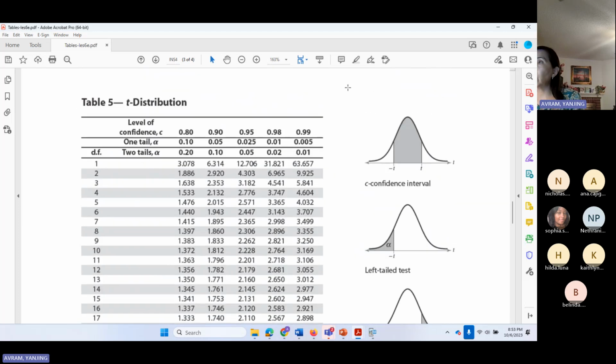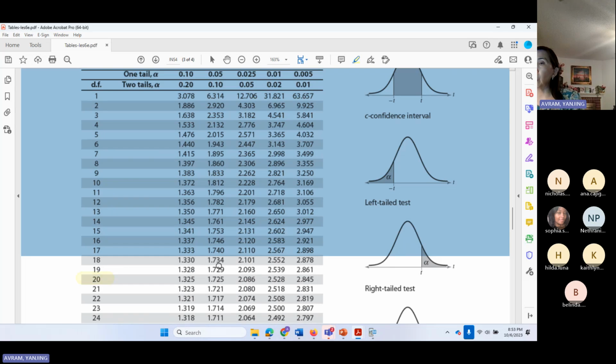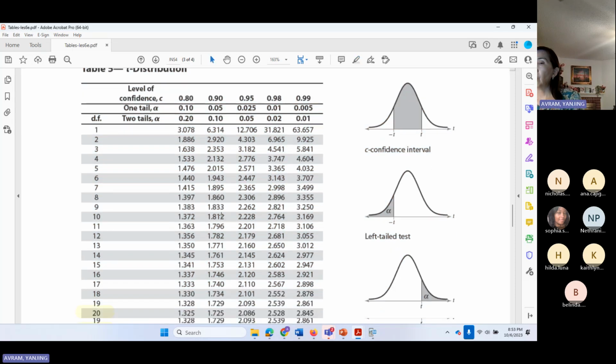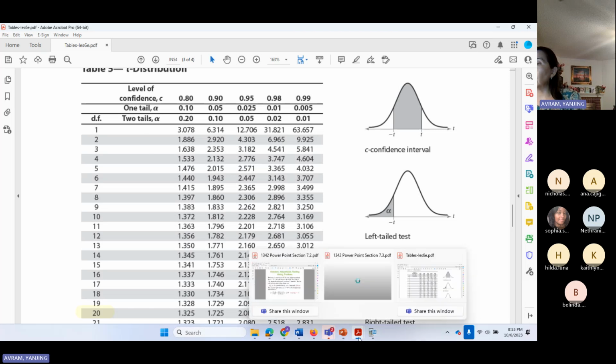All right, so now you look at the T distribution, that's the T table in here. And the degrees of freedom is 20, so we have a 20 right here. And then we also look at alpha is 0.05 and it's one tail.